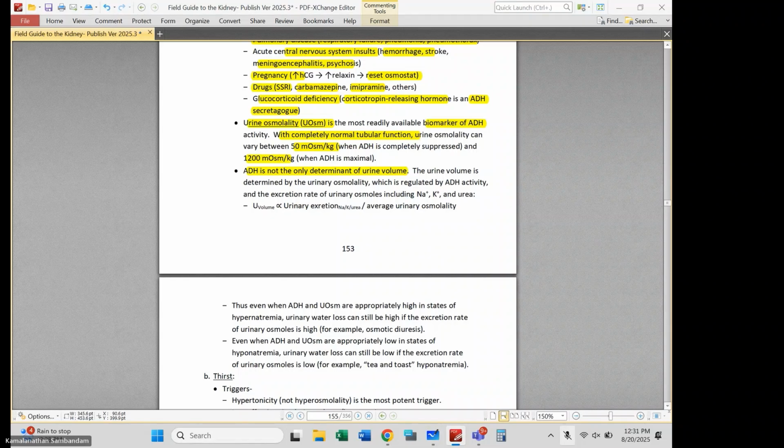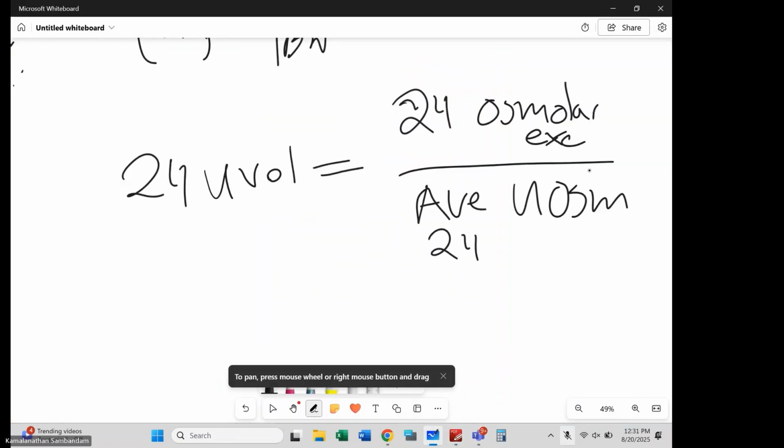So, again, the denominator in that equation is regulated by ADH, right? So if I have inappropriate elevation in ADH, I have an inappropriately high urine osmolality. One way I can enhance the excretion of water and enhance urine volume is I can inhibit the response to ADH, right?